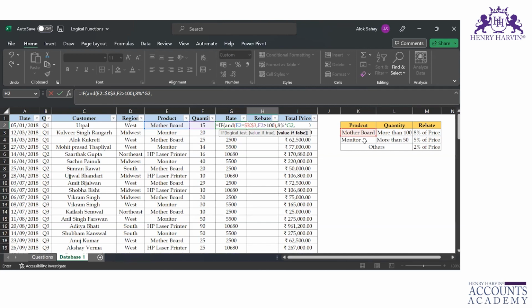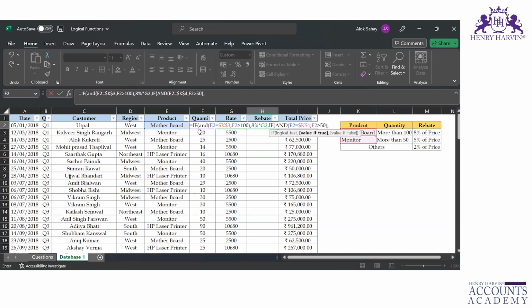So now we have 2 conditions, two logics. One is our product and the other is related to quantity. So now I'll provide if. Again, I need to implement two conditions: my product is equal to monitor and my quantity is more than 50. You have implemented both the logics.